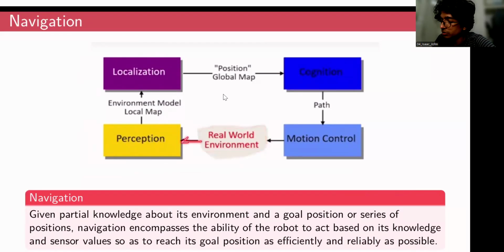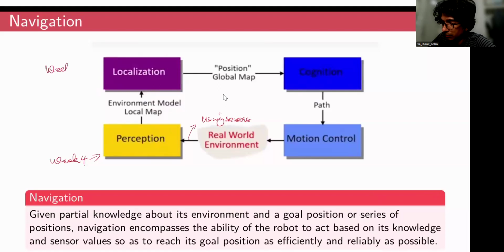The robot would use the sensors available to it to have an understanding of the environment that it is deployed in, right? To perceive or to extract useful information from the environment using sensors. And we have discussed these topics in week 4, regarding perception.